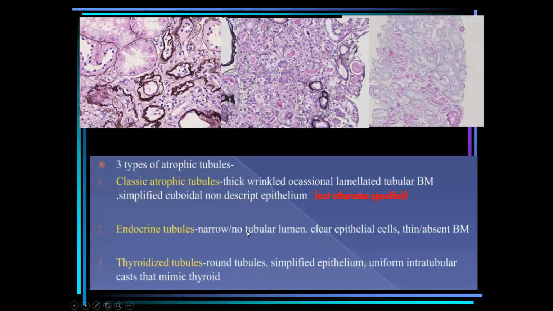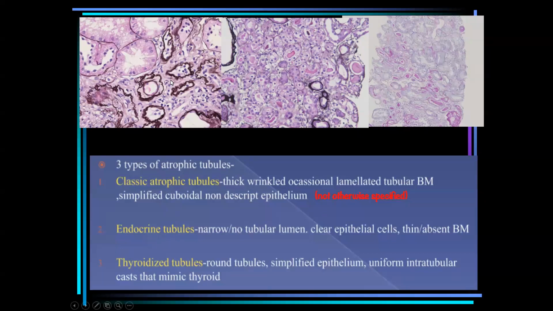Okay, the third one, which is the most common form of renal tubular atrophy, is called the not otherwise specified or the classic form of renal tubular atrophy. That is why I started with these two terms. Before saying that this form is present, I have to exclude the characteristics of the thyroidization or endocrinization forms.